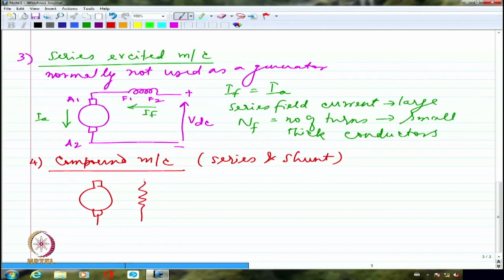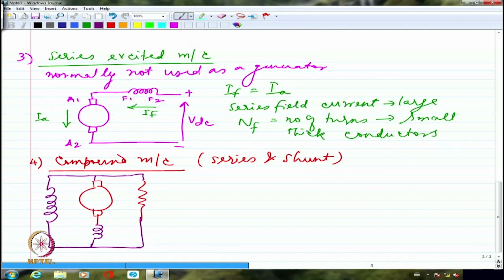Okay. So if it is a compound machine, I am going to have a series field and a shunt field. Both. So I am showing both of them, and then they are connected like this. This is how it is. Right?